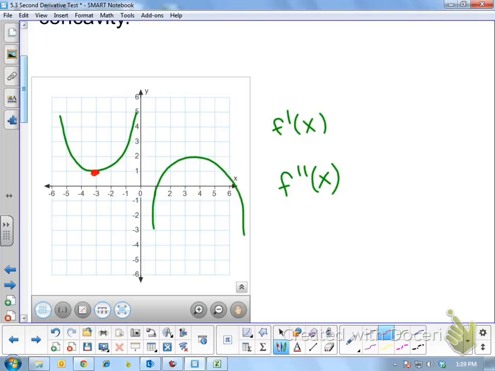So at that value, what do we know about f prime of x? If it's an actual extreme value, what do we know about the derivative? That is when it hits the x-axis, so it would be 0. If we drew our tangent line, the slope of that line is 0.